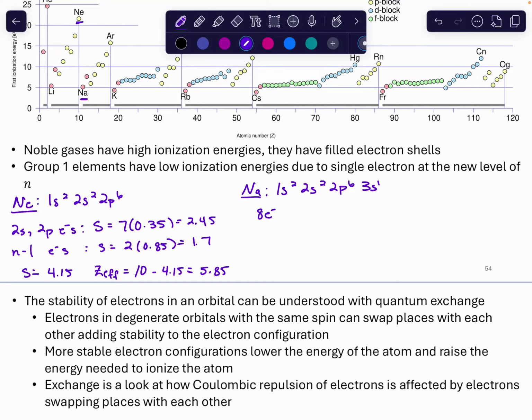We have 8 electrons from the n-1 level. That's going to be 8 times 0.85, which gives us 6.8. And then we have 2 electrons from n-2. It's going to be an S of 2 times 1.0. A total S value of 8.8.